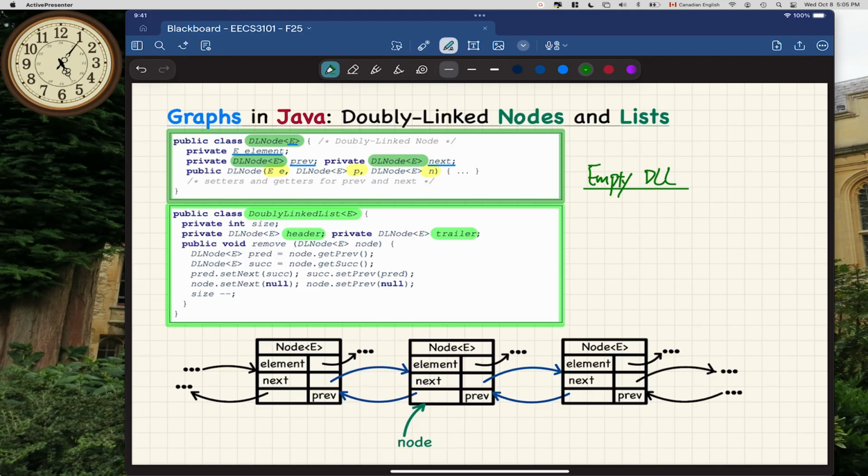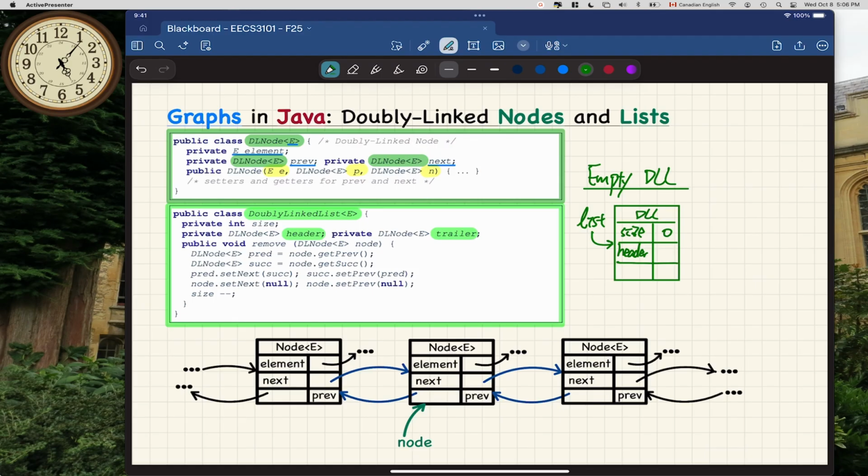So the list itself is referring to some objects. So doubly linked list at the runtime. And then you have some attribute called size. And the size will just be 0. And then you got header and you got trailer. Okay, let me write better. You got header.